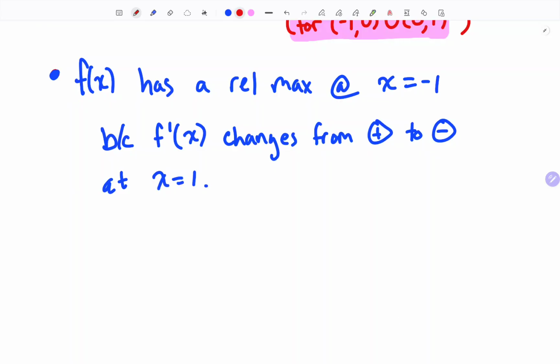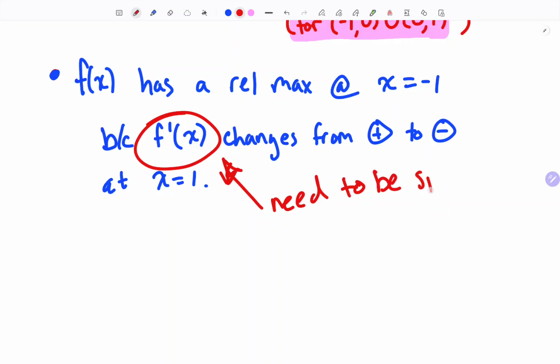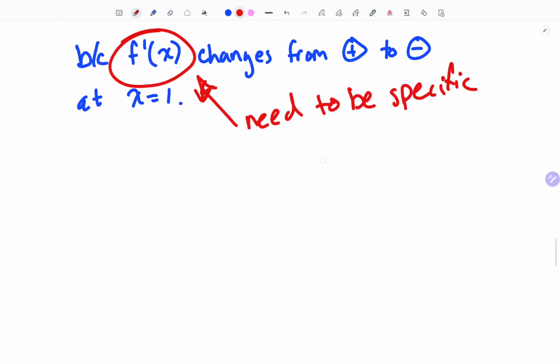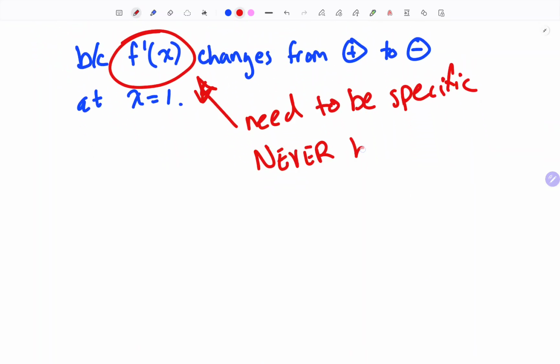Now, one thing I want to really make sure we talk about. This is very, very important. You need to be specific. Okay, hopefully you're watching this video, you're paying attention. You need to be specific here. Please never, ever say because the graph, it's a big no-no, I will mark that wrong.